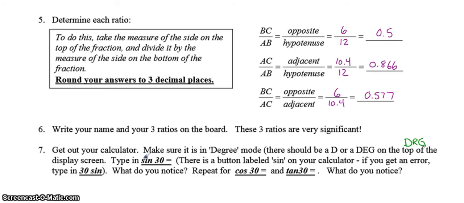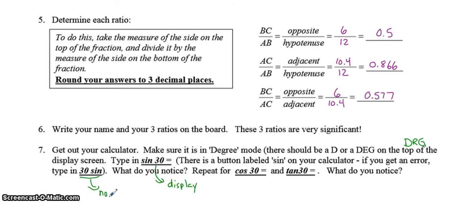So what I want you to do is type in sine 30. If you get an error, or if you get something that does not say 0.5, then what you might have to do is type 30 sine into your calculator. If you have a display calculator, which means the calculator display shows you exactly what you're typing, including the multiplication buttons and things like that, then you would type in sine 30 equals.